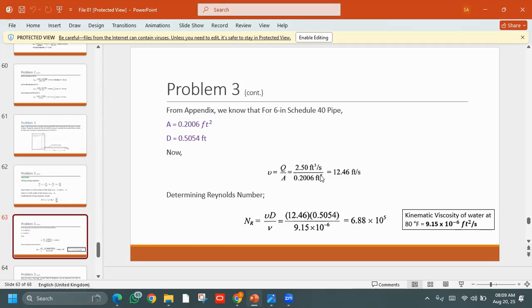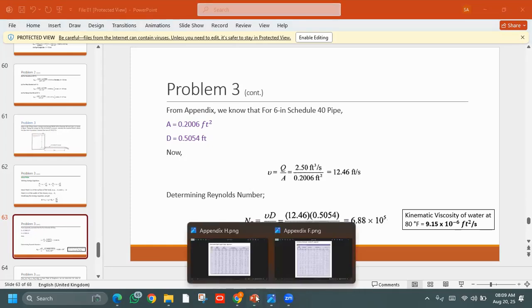The discharge equals 2.50 and the area from the appendix is 0.2006. So we have a velocity of 12.46 feet per second. Putting this value into the Reynolds number equation, we get a Reynolds number equal to 6.88 times 10 to the power 5. If you want to see the value of kinematic viscosity, we have that value in the appendix.